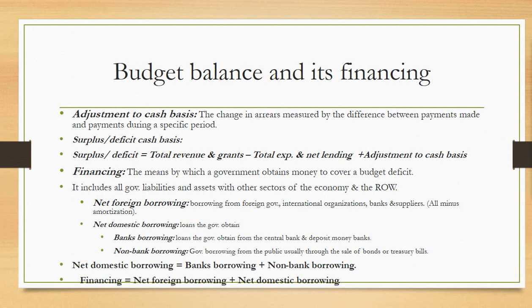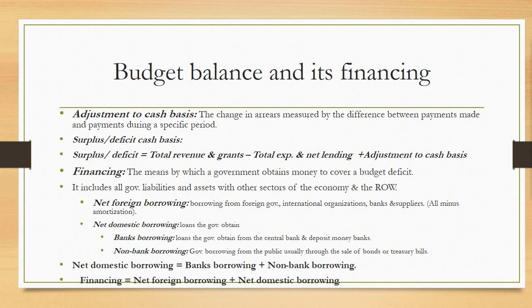If you are going to borrow from abroad, whether from international organizations, banks, suppliers, or foreign governments, or you can borrow domestically from other organizations or from banks. So we can divide net domestic borrowing into two main parts: bank borrowing and non-bank borrowing.